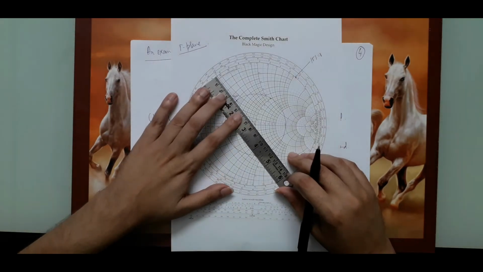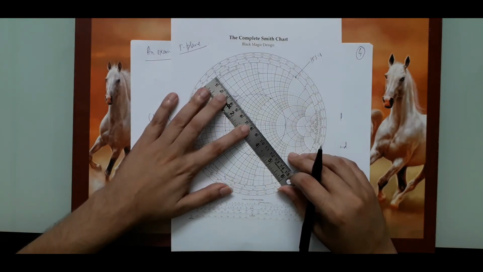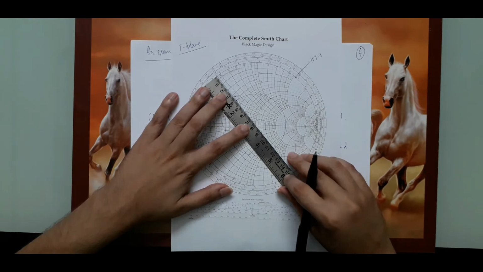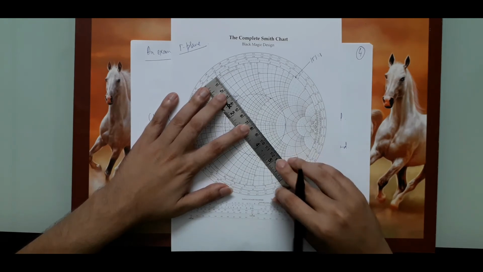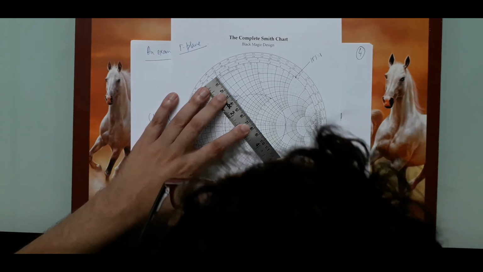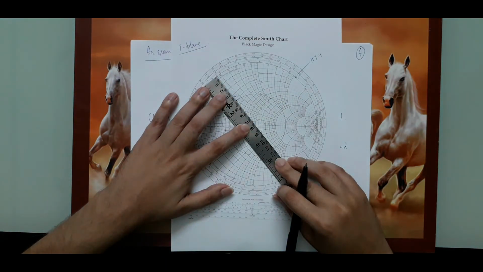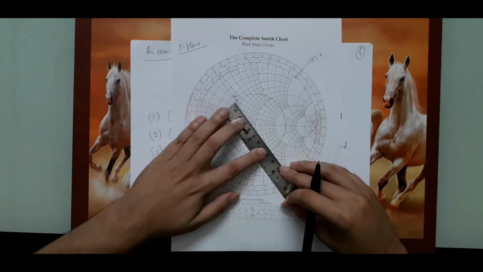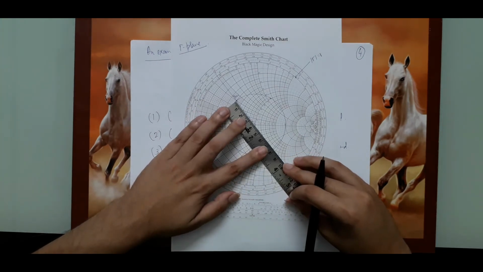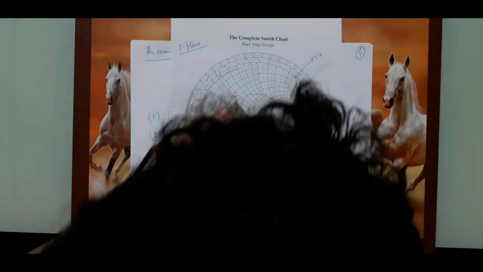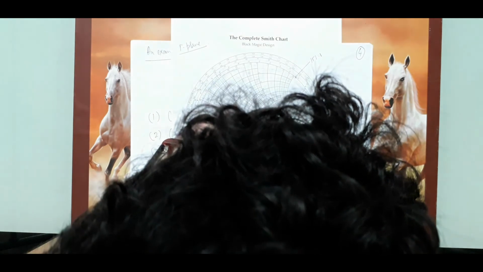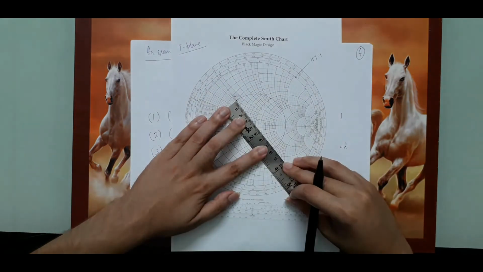Now you measure the distance from the circumference to the center. That is 7.8 centimeters roughly. And you next measure the distance from the ZL point to the center, which is roughly about 3.9 centimeters.